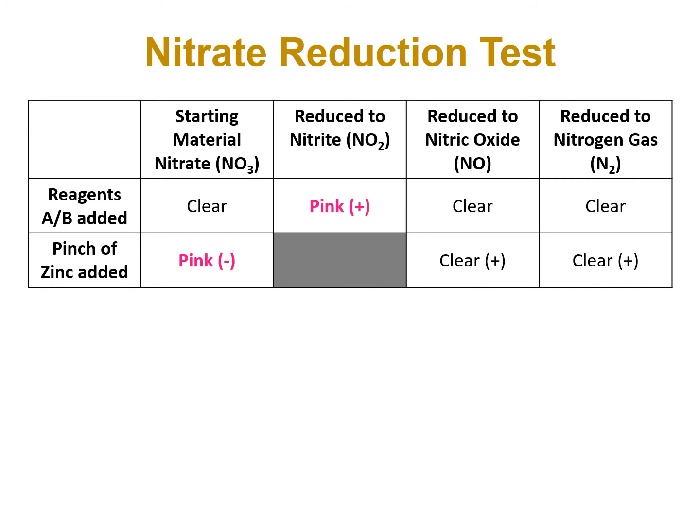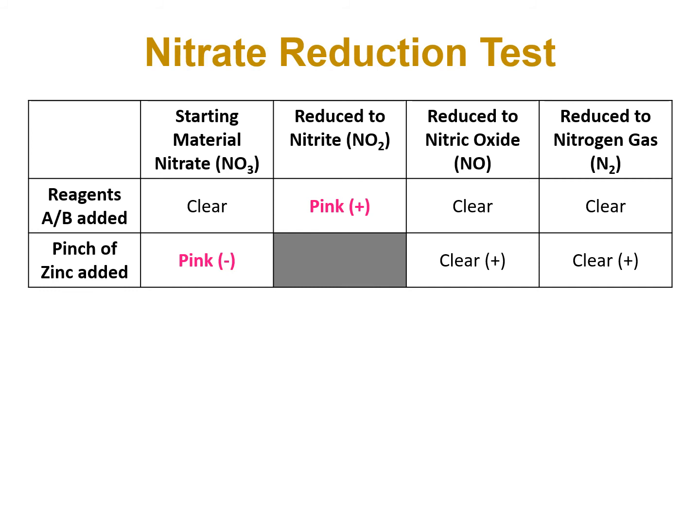After adding the pinch of zinc, if the broth turns pink in color, that means your bacteria did not reduce nitrate, because that would just mean that you still have nitrate in the broth. And so it means your bacteria was not able to reduce it.